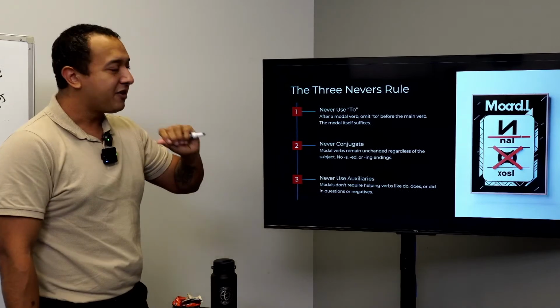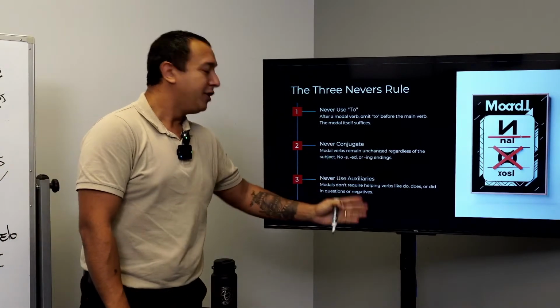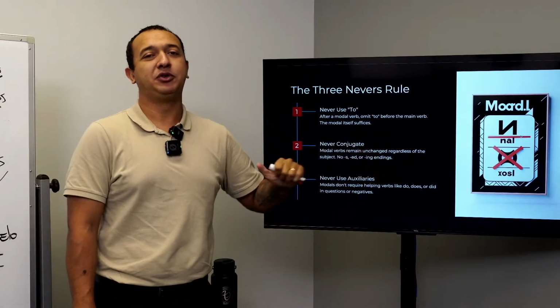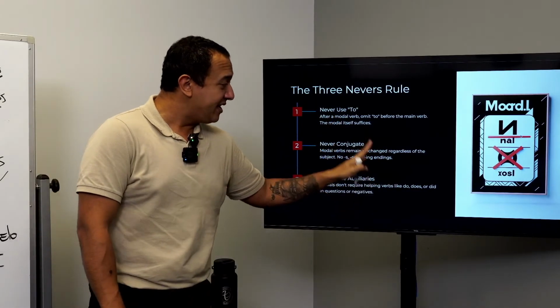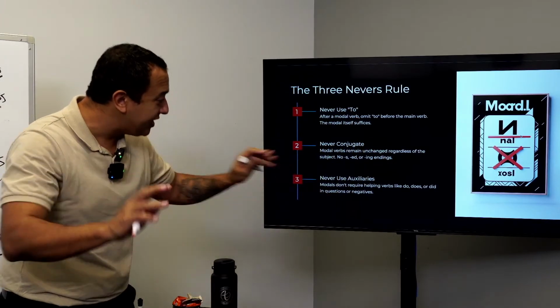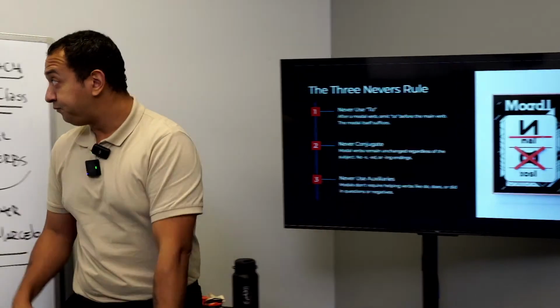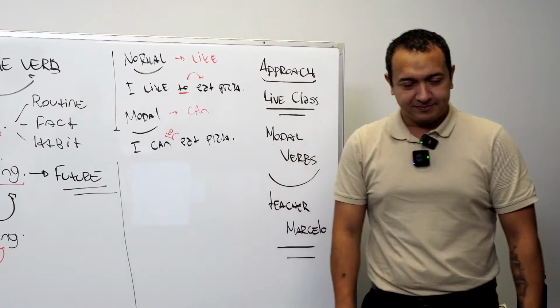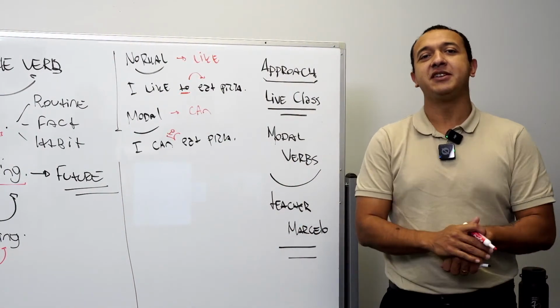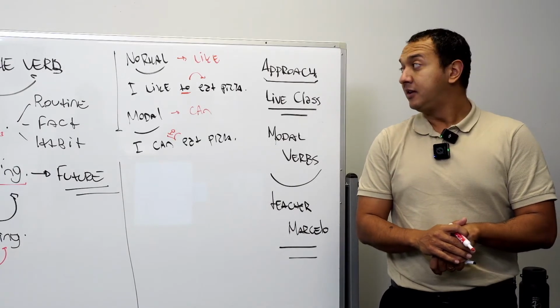Second never. The second never is never conjugate a modal verb. Can you believe that, guys? Modal verbs, they will remain unchanged regardless of the subject. Come here. If I am using a normal verb, I have to conjugate this verb. How?